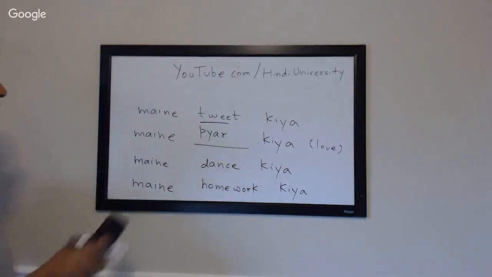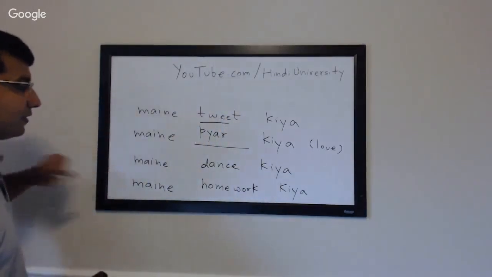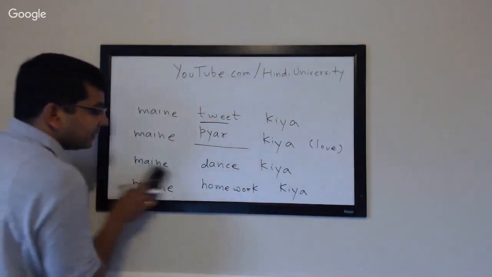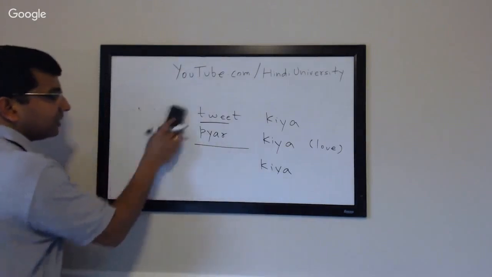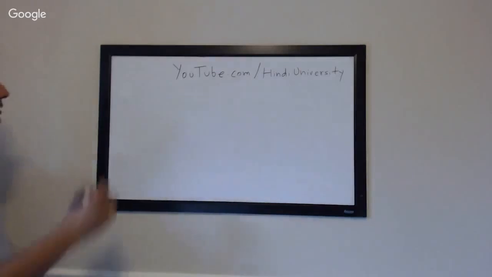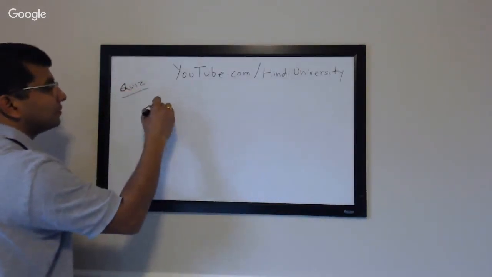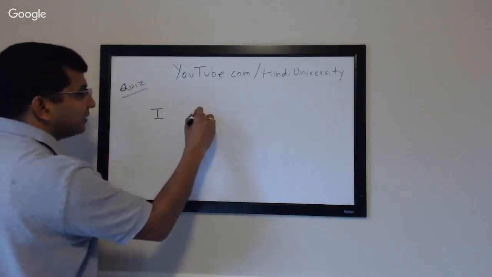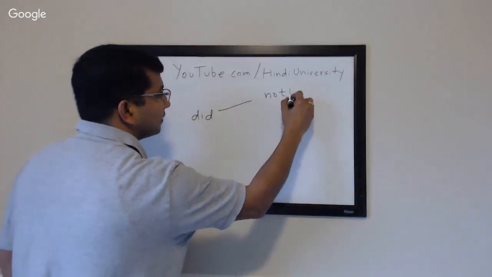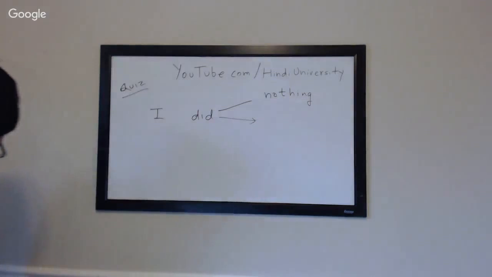I hope you have written down all of them, how to use karna in the past tense. Now let me quickly quiz you for this segment. Let's say you want to say, I did nothing.